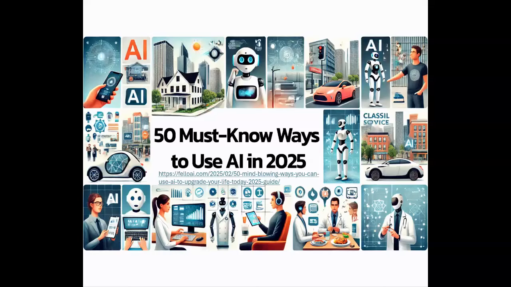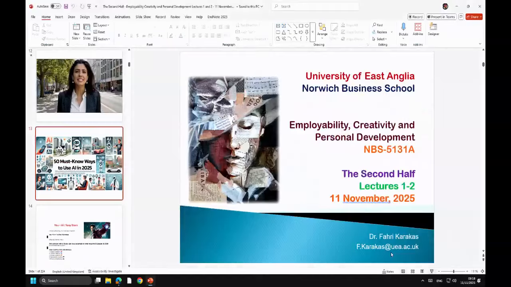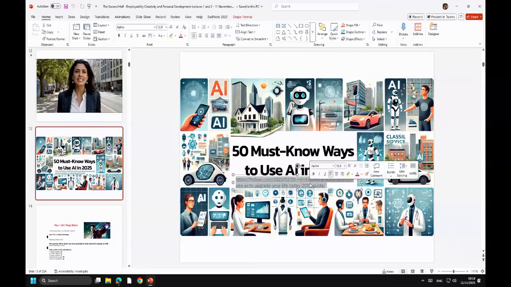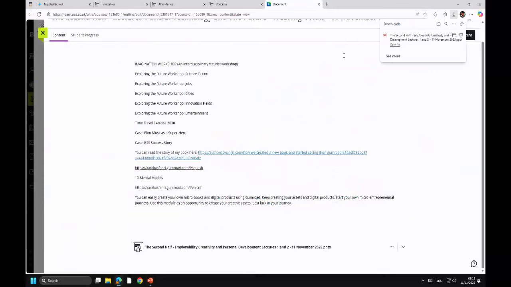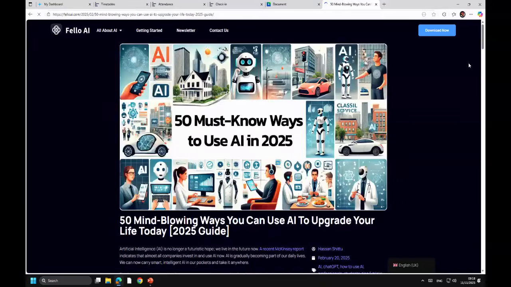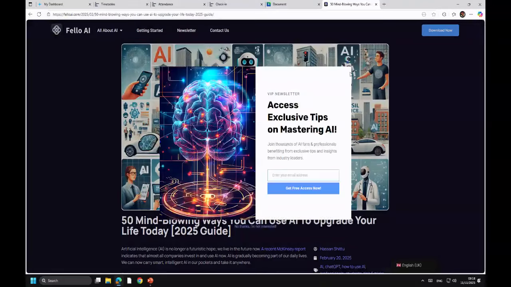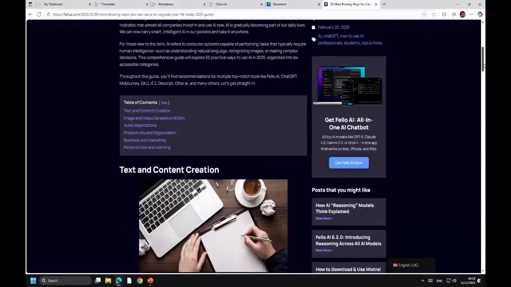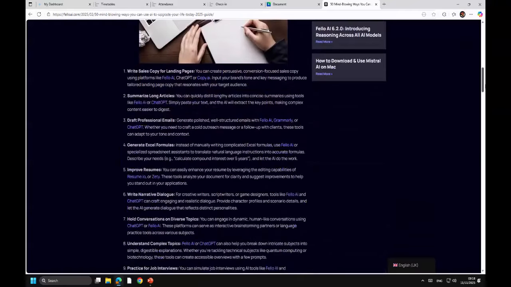Look at the 50 must-know ways to use AI. I want you to click on the link, and are you using AI in these ways? Just click on the link and go over them quickly. This is the link. Go over the list. Are you using AI in these ways? Look at the list.